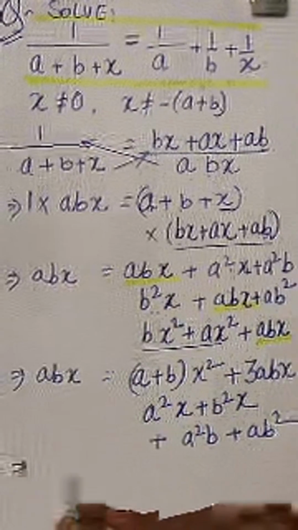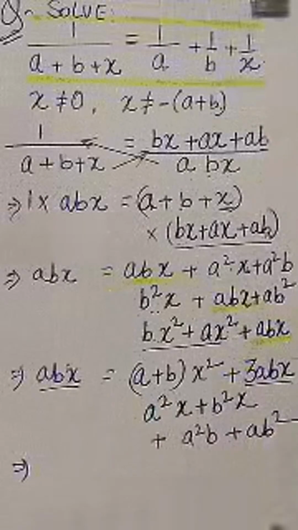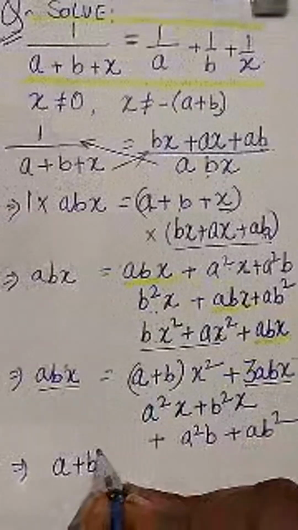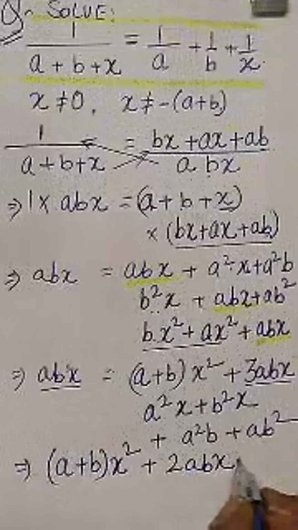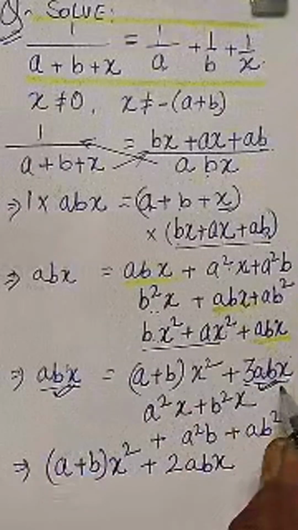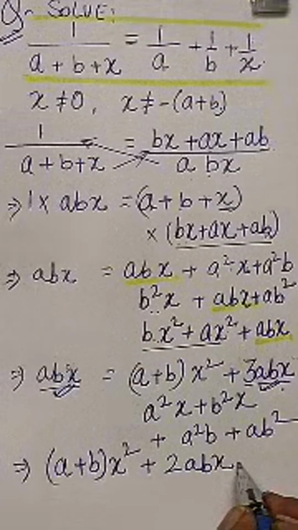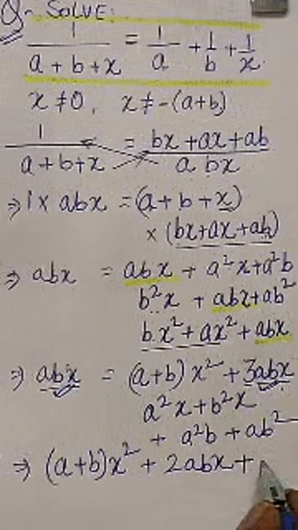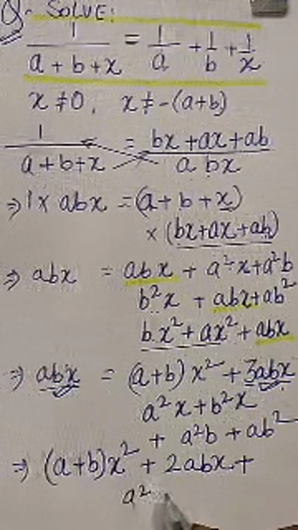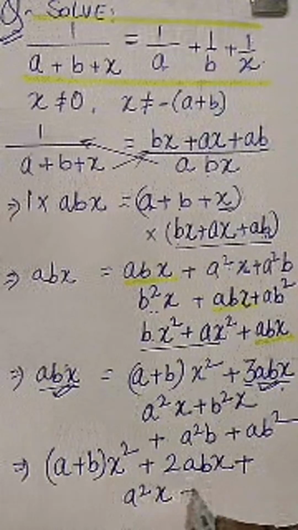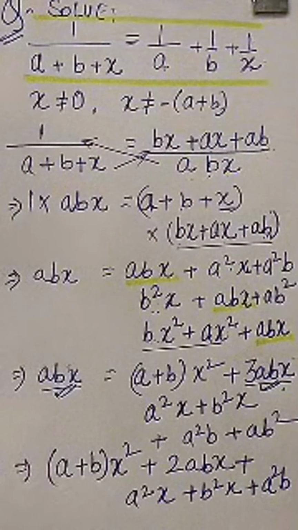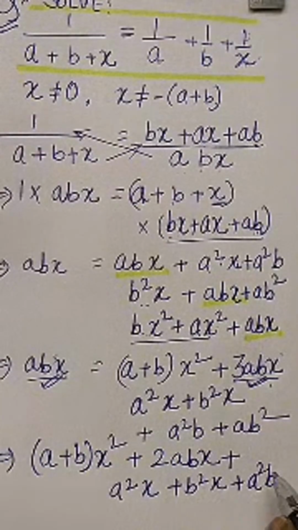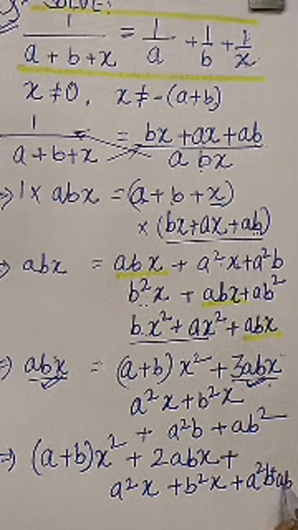Now push abx to the RHS. Then this abx will be subtracted from 3abx, and we are left with writing the entire RHS as LHS: a plus b times x square plus 2abx plus a square x plus b square x plus a square b plus ab square.